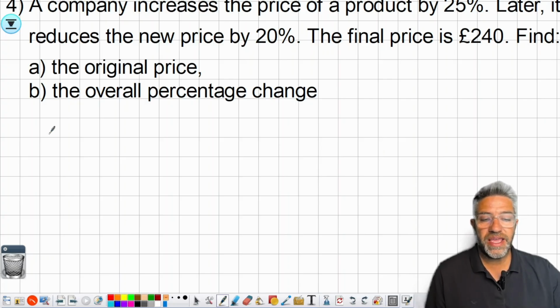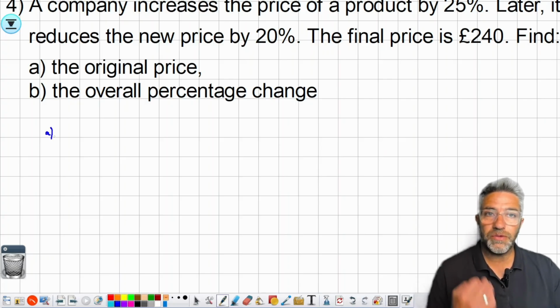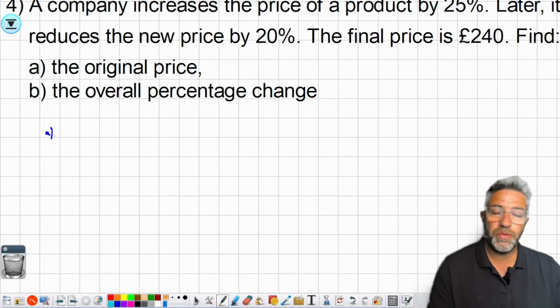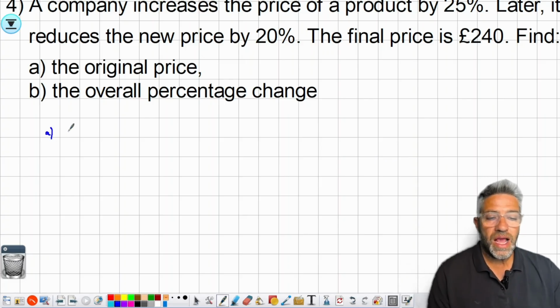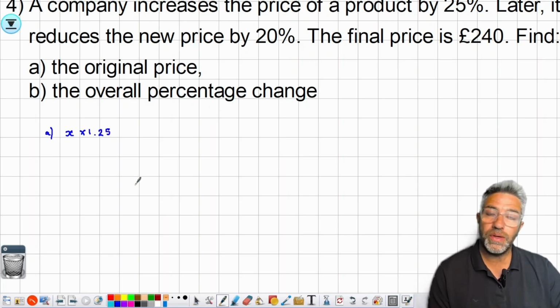So if I just write A here, just for that clarity, so we don't get anything confused later on when we're looking at things. Our starting price, again, I'll begin with X, is increased by 25%. So initially, I need to multiply by 1.25. But then we reduce the price by 20%.